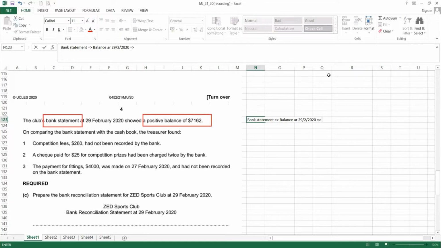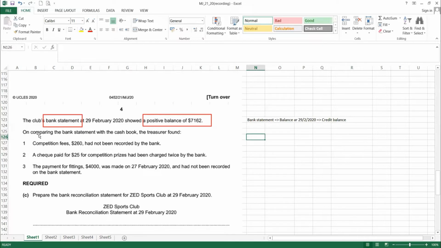This one is a credit balance, because the bank statement is opposite to the bank account. When they say positive balance, it means a credit balance, not a debit balance. So a debit balance is a negative balance for the bank statement. So this is a difference compared with the cash book or the bank account.